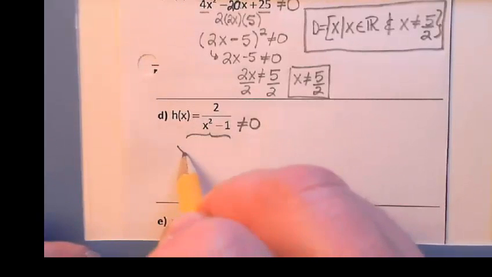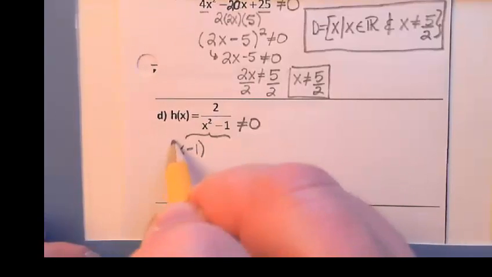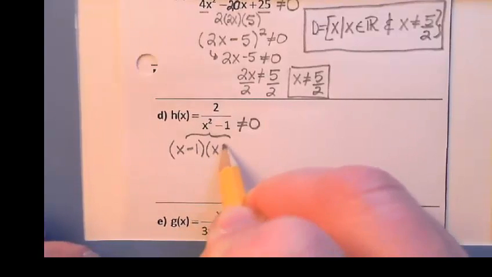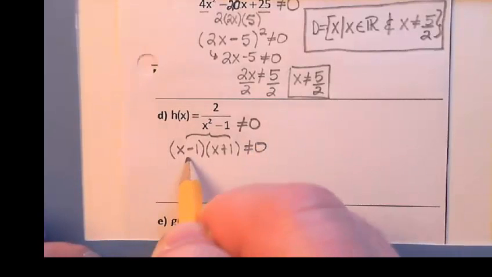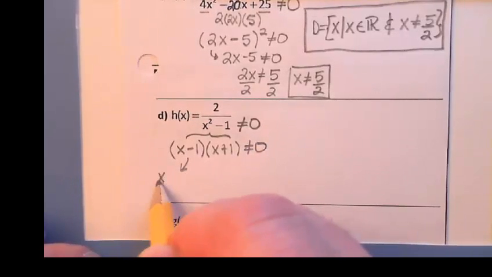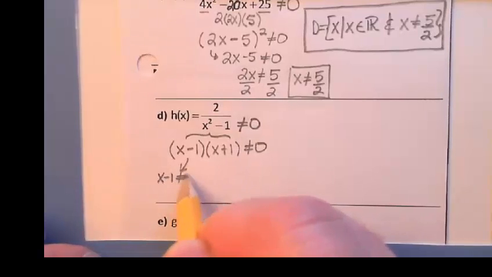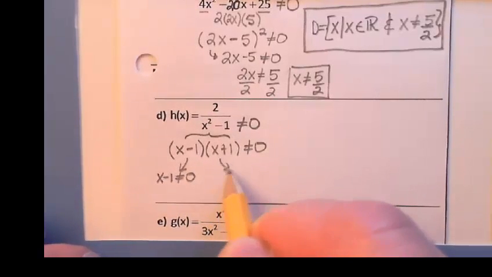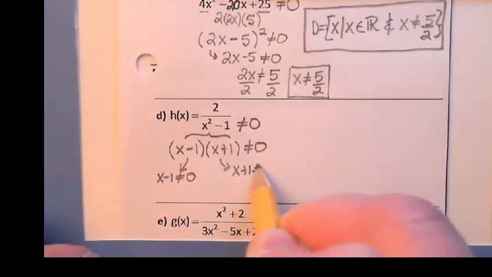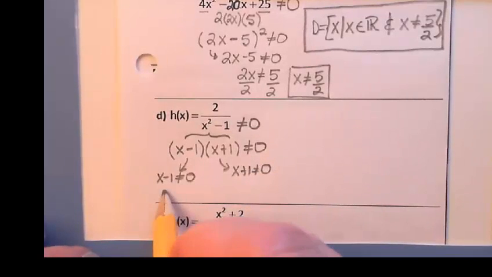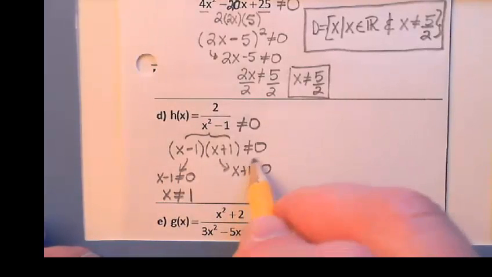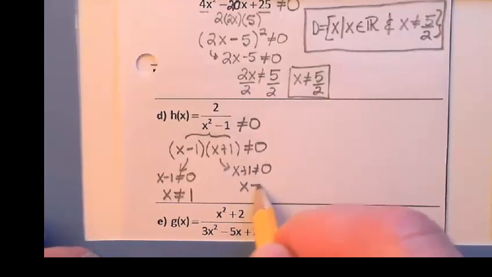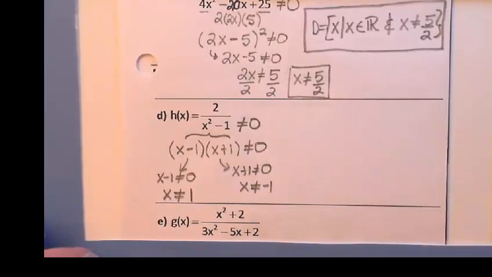This becomes x minus 1 and x plus 1 different than 0. So if I solve this, this would be x minus 1 different than 0, and this here will be x plus 1 different than 0. So this will become x must be different than, if I move the negative 1 to the other side, it becomes positive 1. And if I move this 1, it will be x different than negative 1.